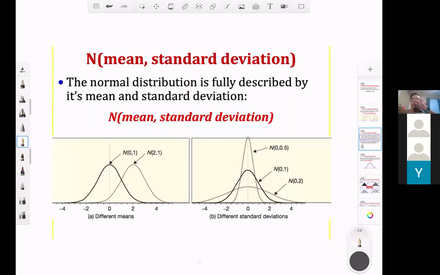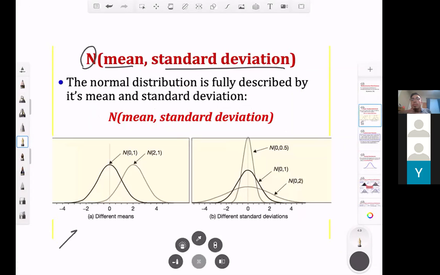Example. This N means normal, then the mean and standard deviation. For example, here we have N(0, 1). That means 0 is the mean and 1 is the standard deviation.